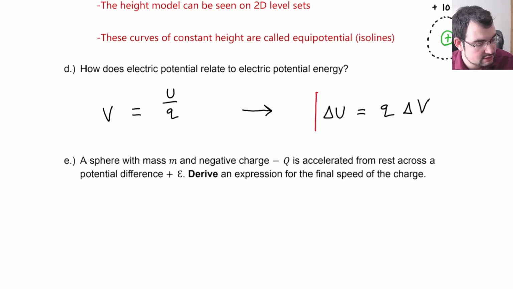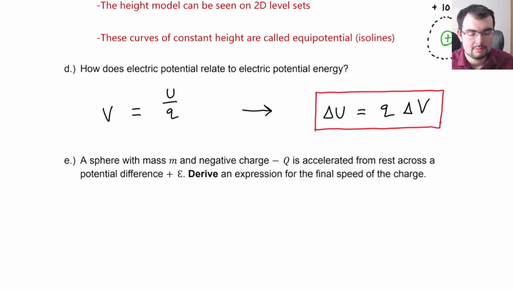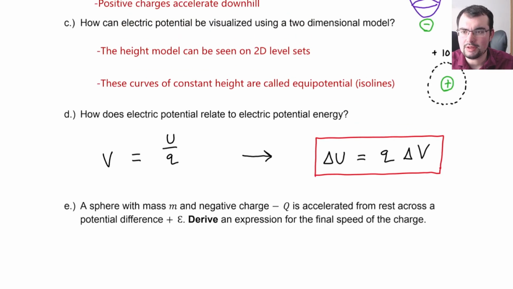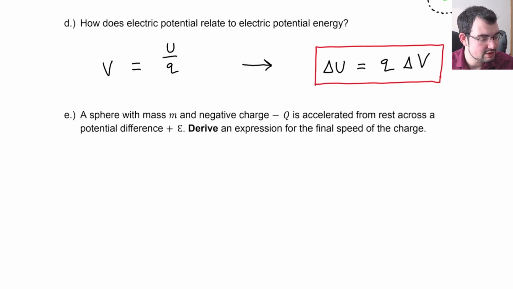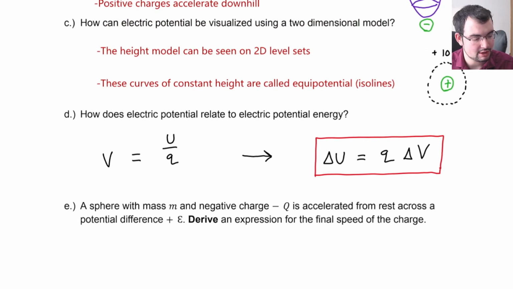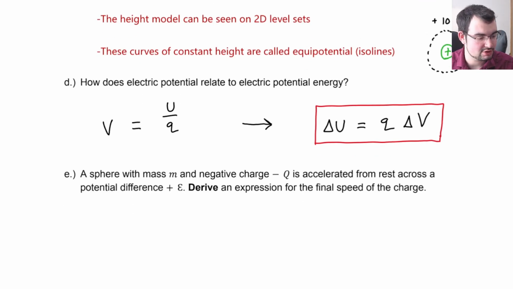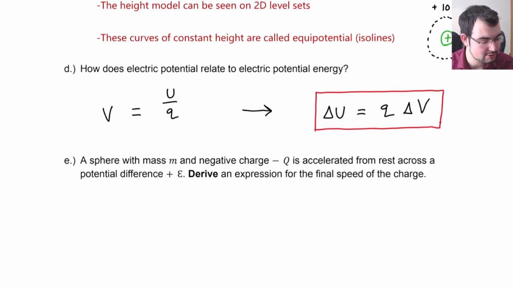And again, we use this for the same reason that we use electric field, because the potential will be the same no matter what charge we put there as sort of our energy test charge. So this works no matter what we put there, whereas force or potential energy, you have to have that between two very specific charges. Whereas if I just define the energy per unit charge, I can tell you the energy any charge has just by multiplying that charge by the potential. So we usually use this fact.